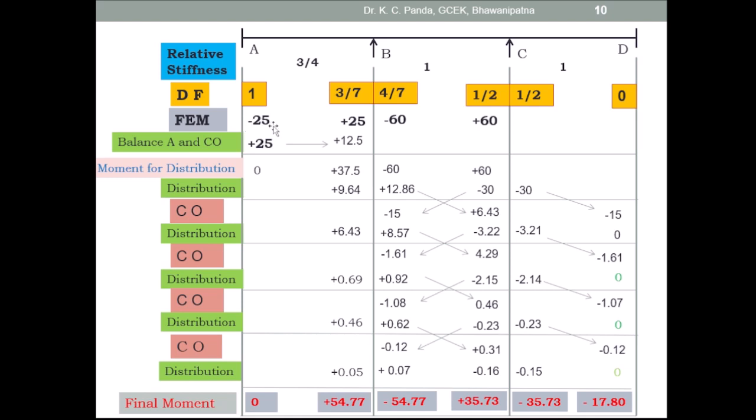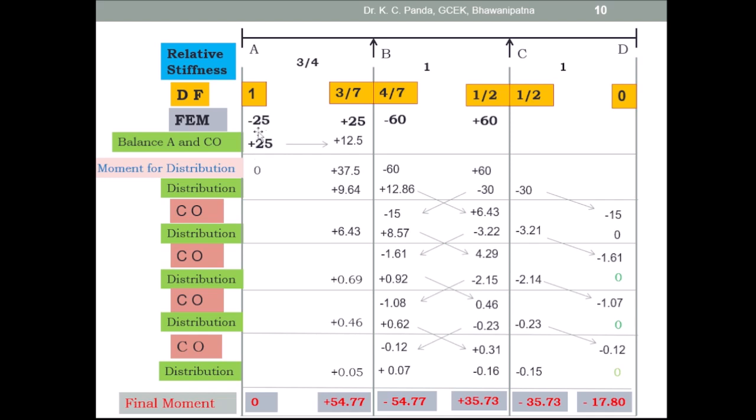So here the moment is given minus 25 into 1, and you have to balance by opposite sign, plus 25. You know, at the simply supported end, the moment is 0. So after balancing of joint A, the total moment is equal to 0. Minus 25 plus 25, this is equal to 0. The simply supported end A is already balanced.